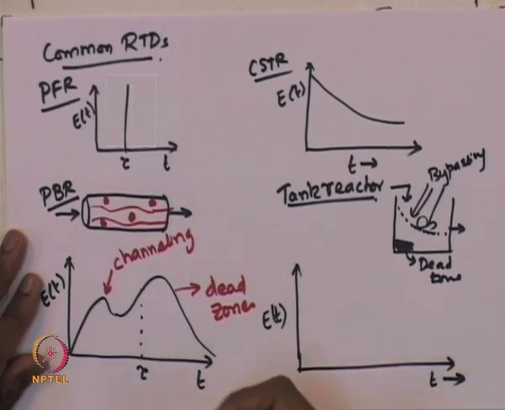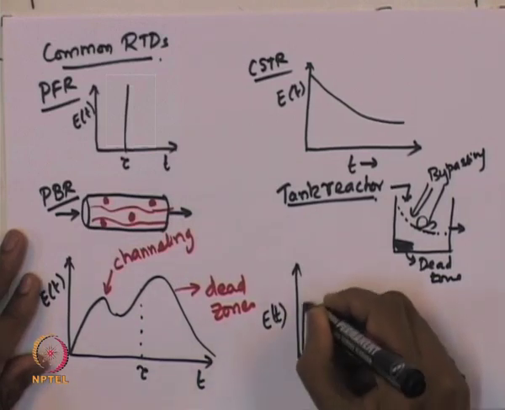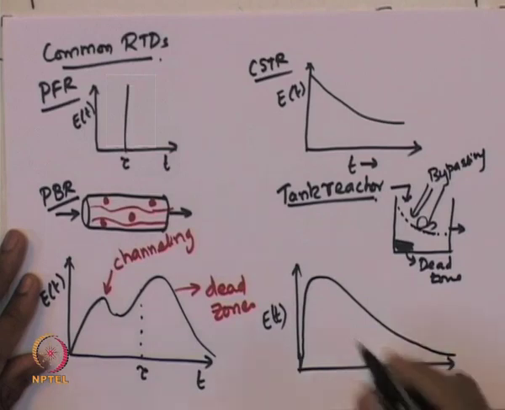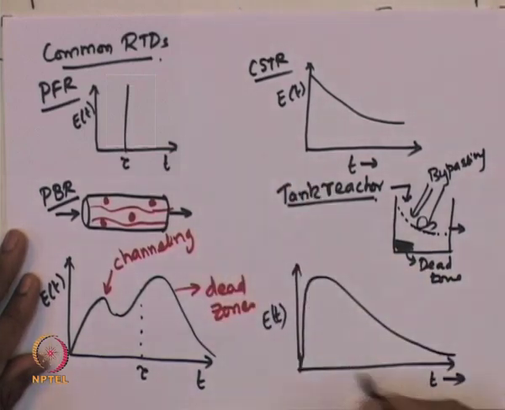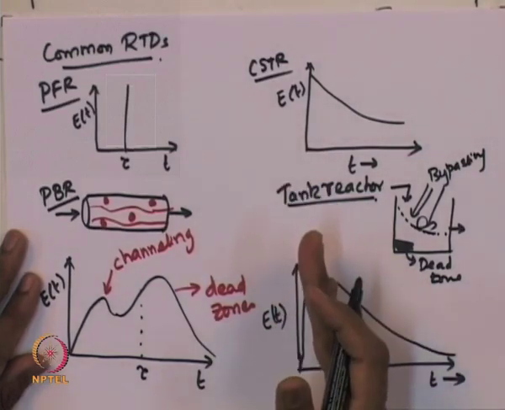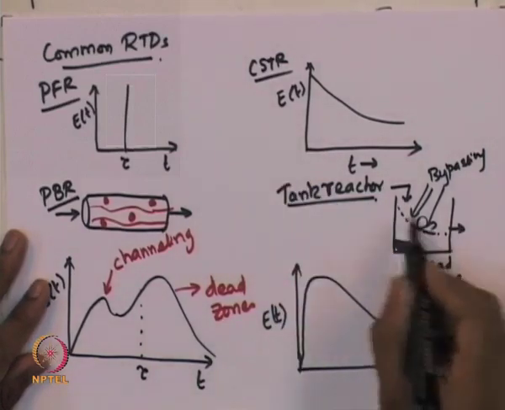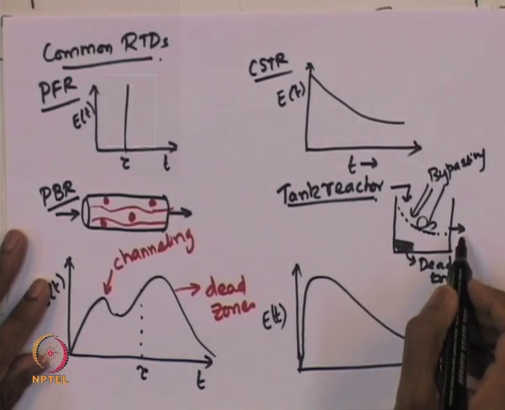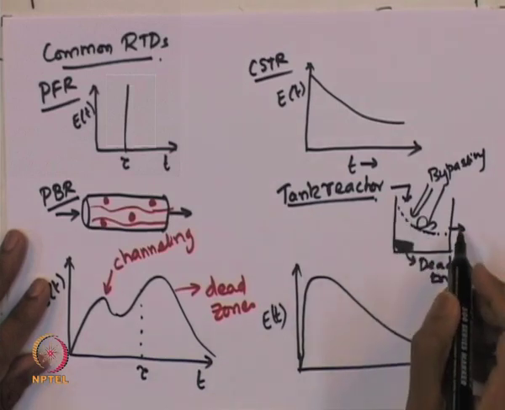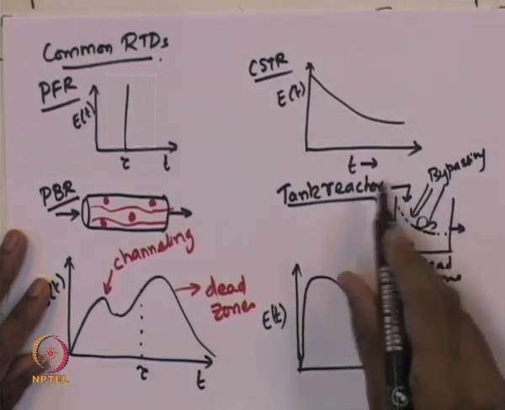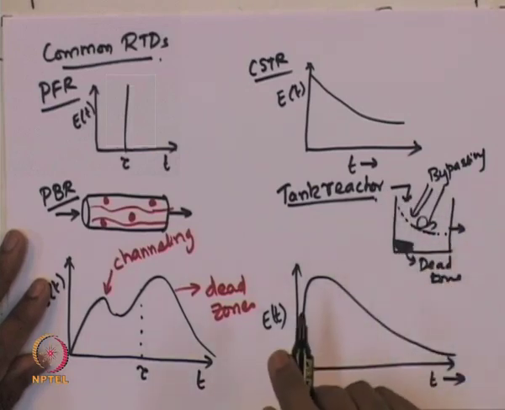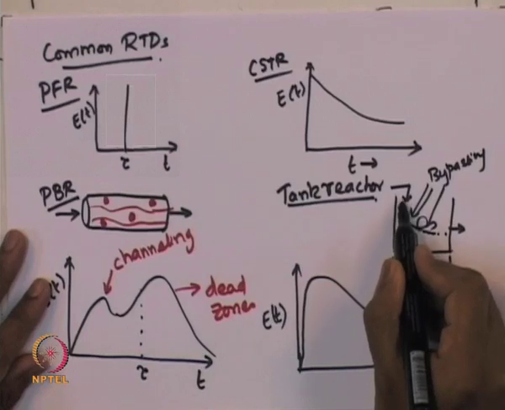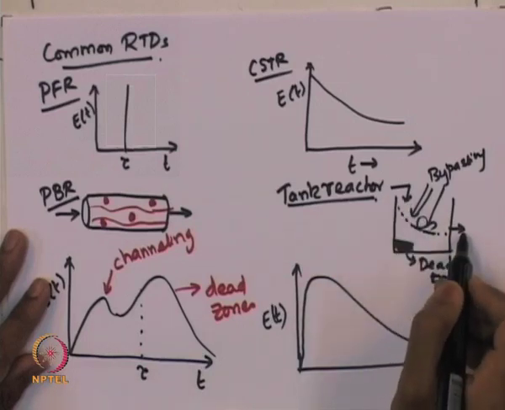So, in the RTD function, the first peak which appears very close to time t equal to 0 is because of this channeling or bypassing, and this bypassing can occur because of the placement of the entry and the exit fluid streams of the tank reactor, so that these fluid streams simply escape quickly and leave the reactor.